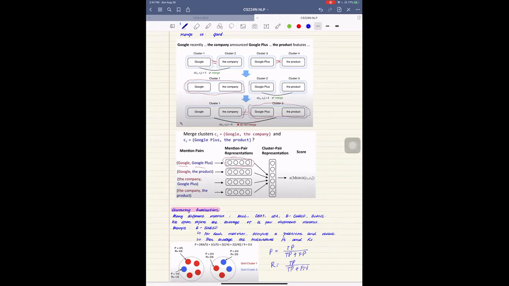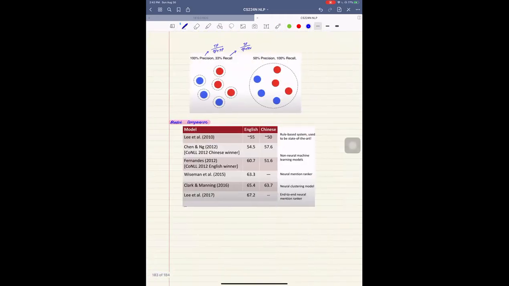Okay, so after you calculate all the precision and recalls, then you weight them by the number of observations, and take the weighted average to calculate the overall precision and overall recall. Okay. So another point I want to stress right here is that precision and recall have a trade-off relationship.